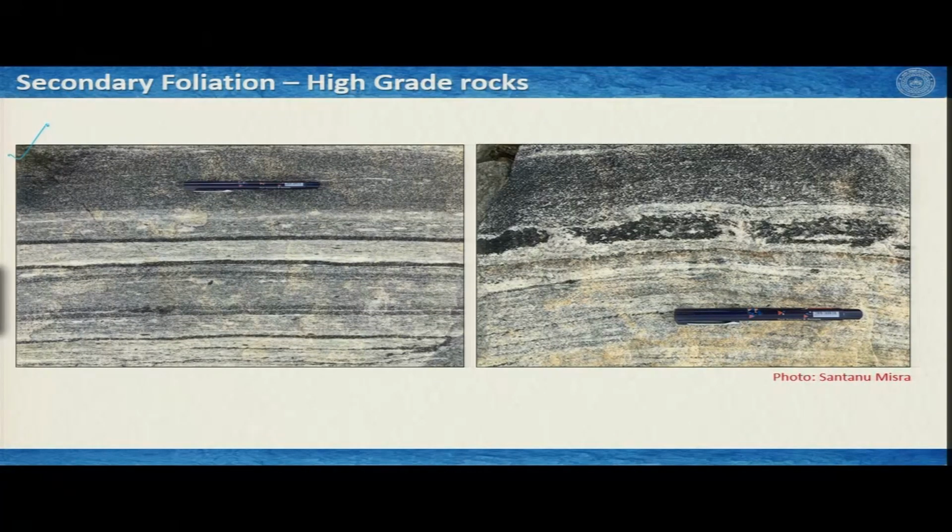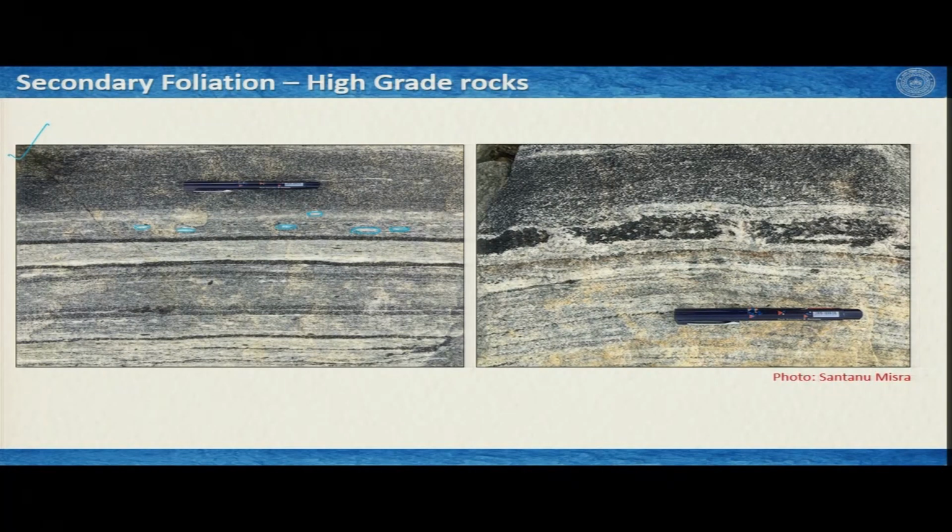So, why is this not the primary foliation? Now, to answer your question, you have to be very careful. In secondary foliations, particularly in high grade rocks, you must see features like flattened clasts, something like that.